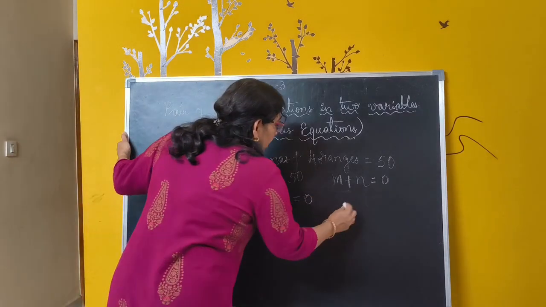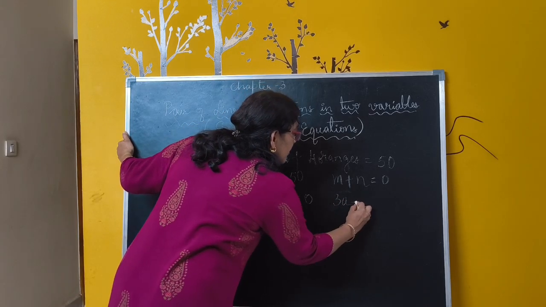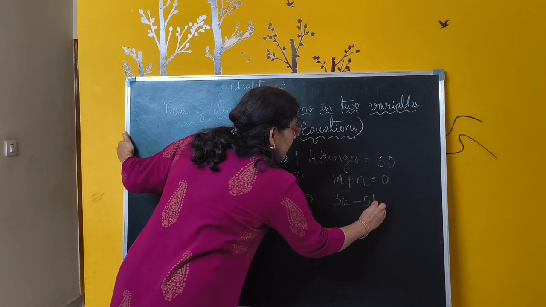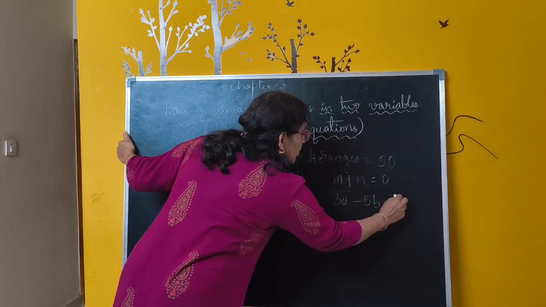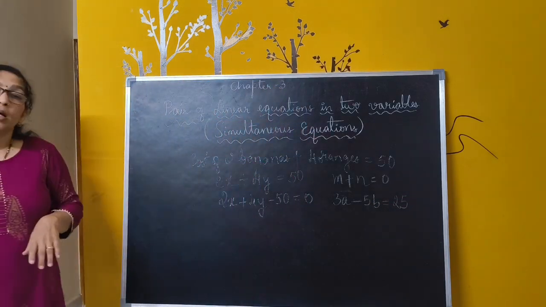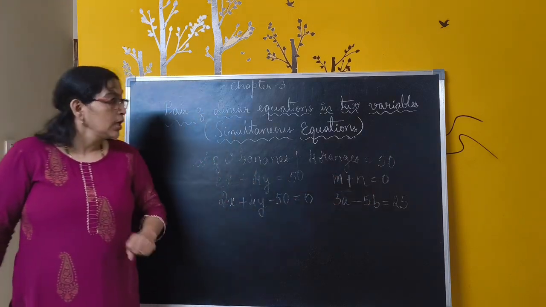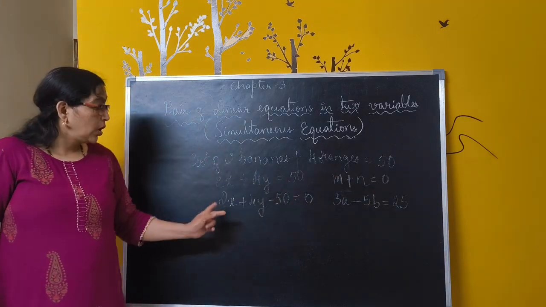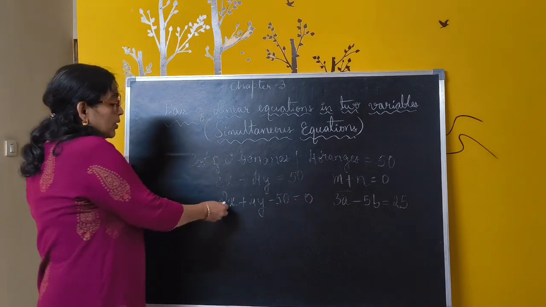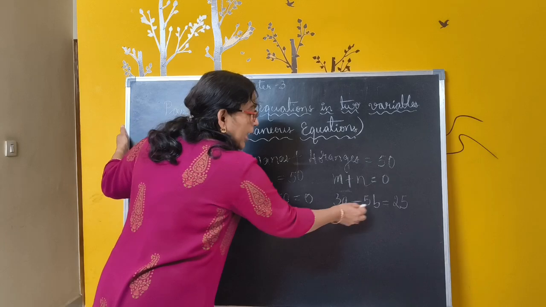I'll take one more. It is 3a minus 5b is equal to 25. This is also a linear equation in two variables. In all these equations we have two variables here, x and y, here m and n, here a and b.